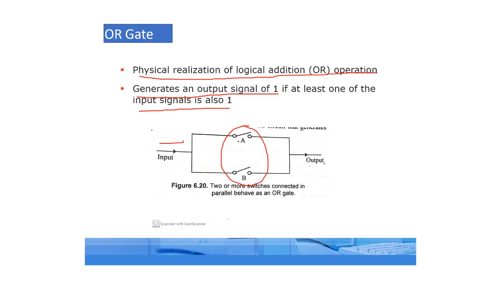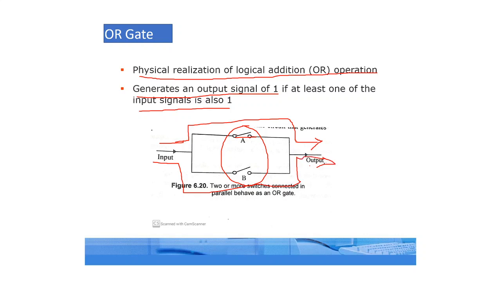For example, if A is in the on state and B is in the off state, the input will reach the output by this path. If A is in the off state and B is in the on state, the input will reach the output by this path.